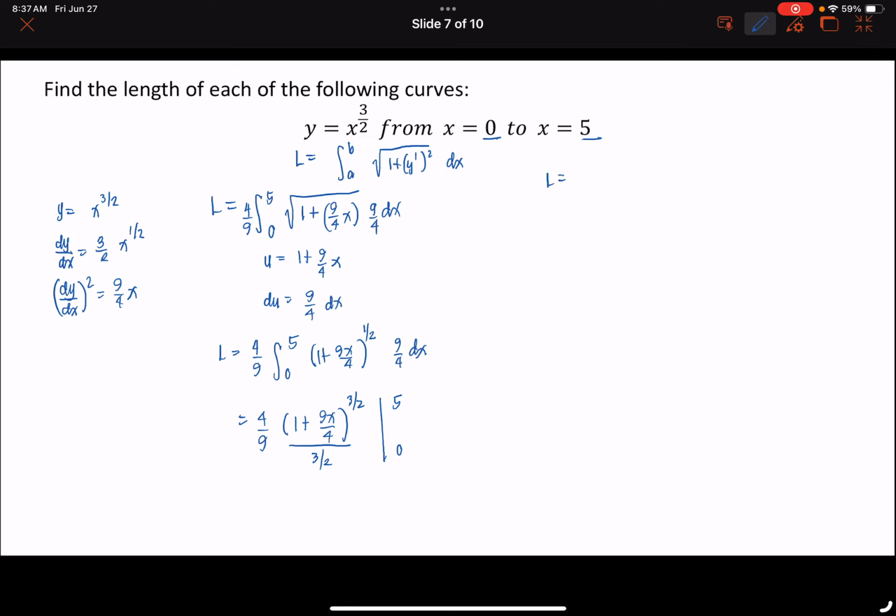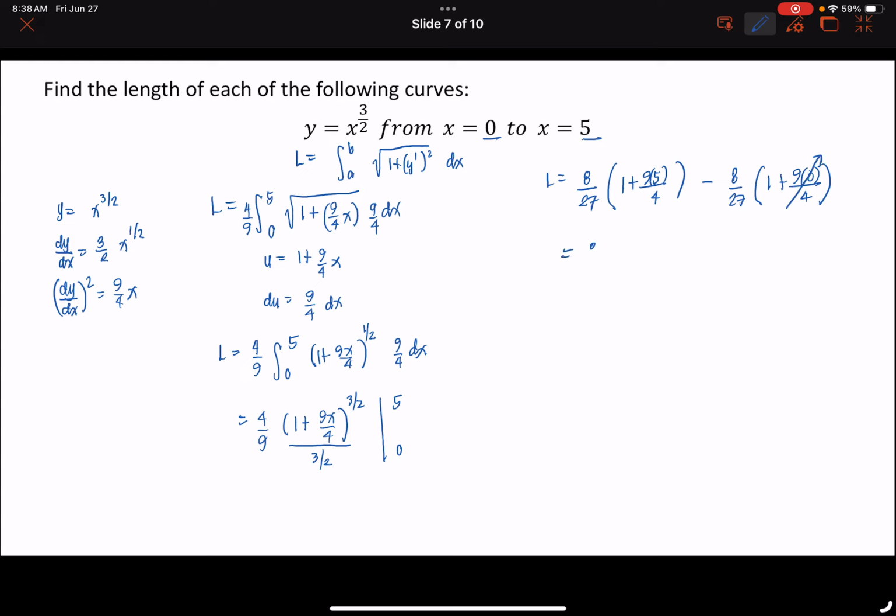So the length is equal to 8 over 27 times 1 plus 9 times 5 over 4, minus 8 over 27 times 1 plus 9 times 0 over 4.